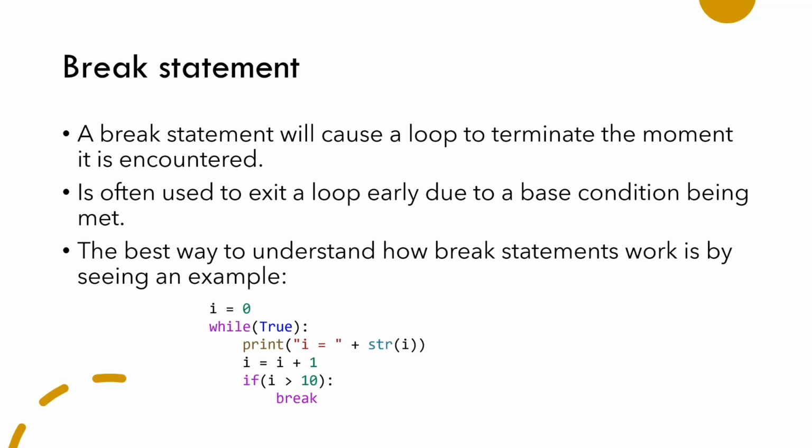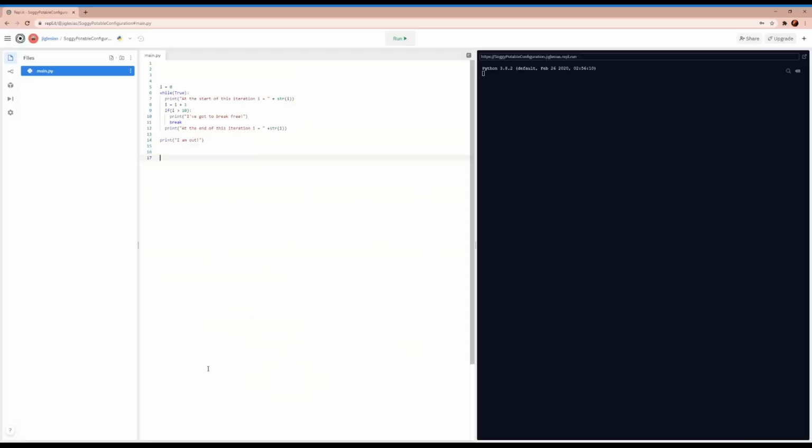It just makes it so that the condition is ignored and treated as false, so the while loop instantly ends. It doesn't finish the current iteration either. It just ends where it's currently at. It doesn't do anything after the break statement within the loop. It doesn't restart. It just ends and the code picks up after the while loop. Now let's actually see this in action in Replit.